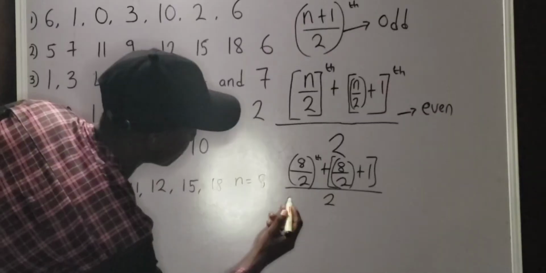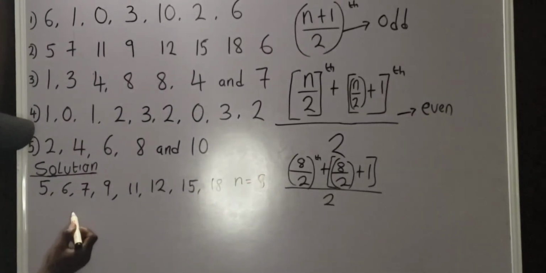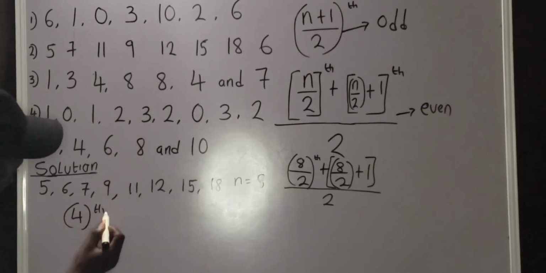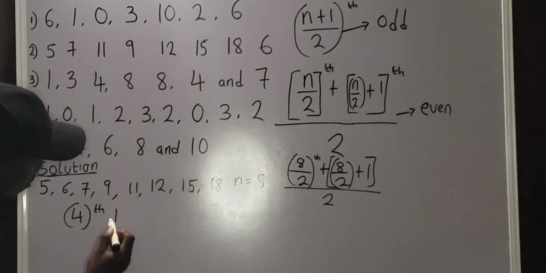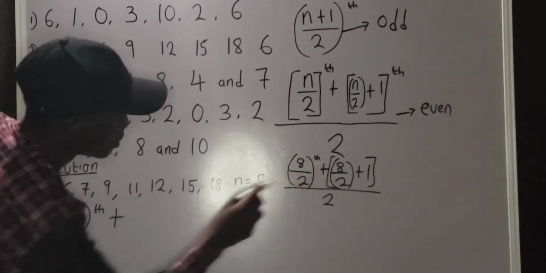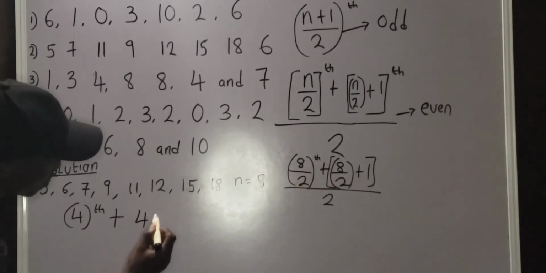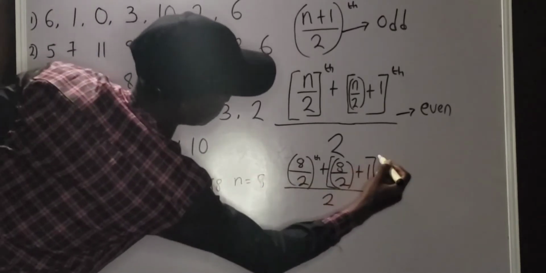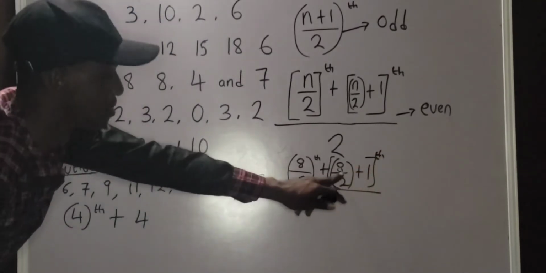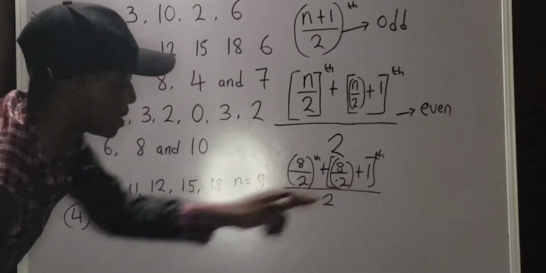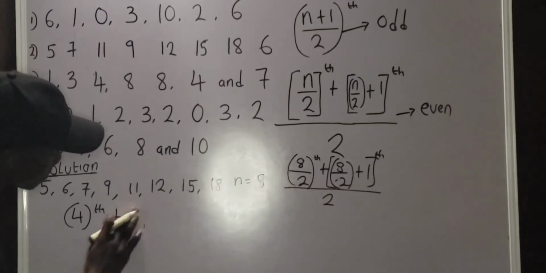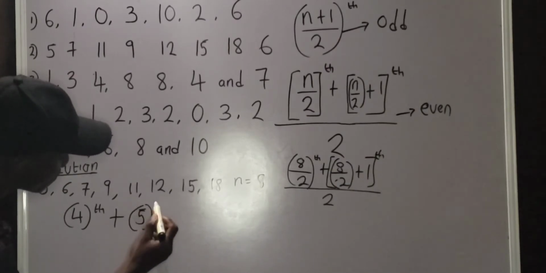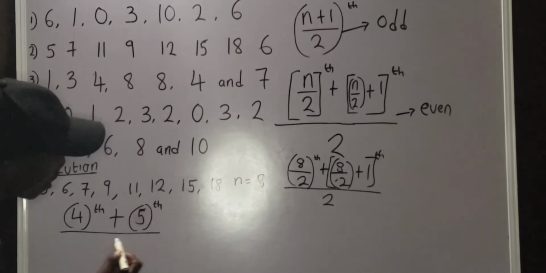You understand? 8 divided by 2 is 4, the fourth term, plus 8 divided by 2, which is 4, plus 1. 4 plus 1 is 5. So this place will be the 5th term. So we have the 4th plus 5th term all over 2.